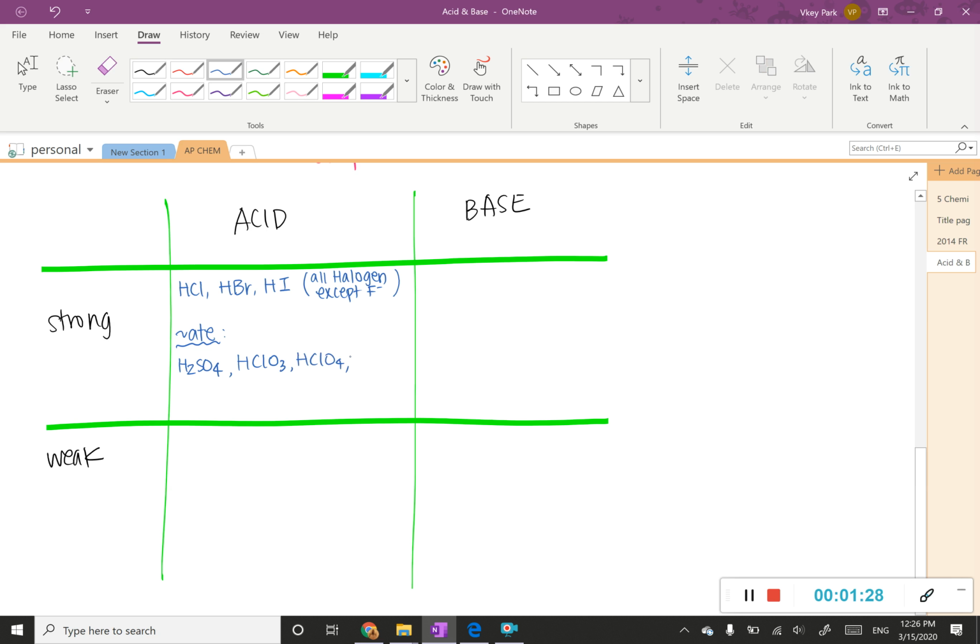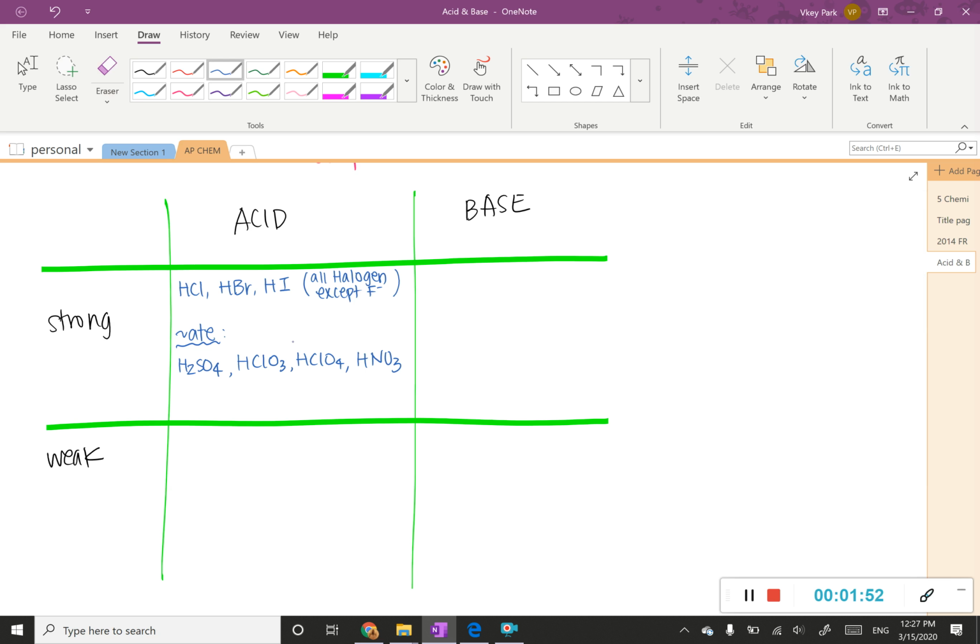HClO4, that's perchlorate. And then HNO3, which is nitrate. If you memorize these, which are what, 7 of them, basically all you have to remember is halogens except for fluorine, that makes like 5. If you memorize these, everything else will fall under the weak category.